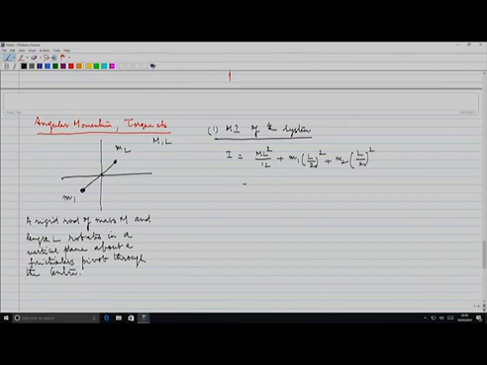This is equal to L squared by 4 into (M by 3 plus little m1 plus little m2).